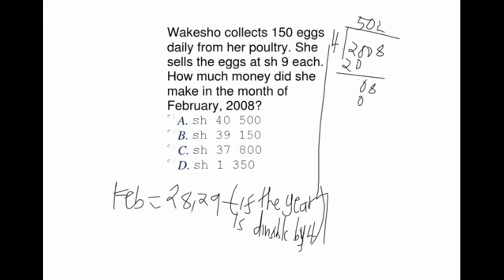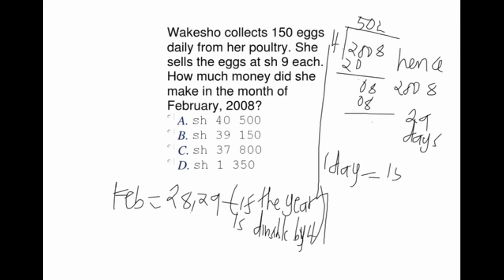Hence, 2008 is a leap year and it has 29 days. So when in one day 150 eggs are collected, what about 29 days will be how many eggs?